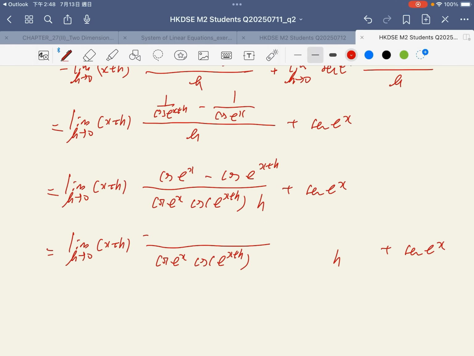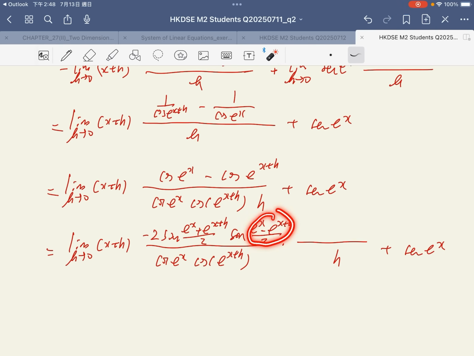Sum to product: cosine minus cosine is -2 sine of (e^x plus e^(x+h)) over 2, and sine of (e^x minus e^(x+h)) over 2. And the next step is I insert one term, not secant, this is sine. I insert one term here.